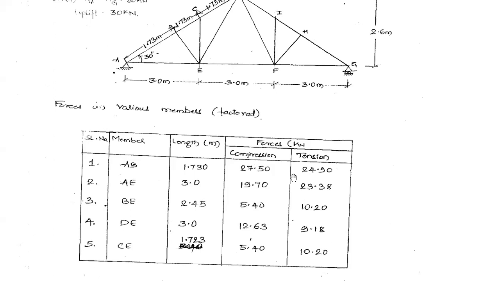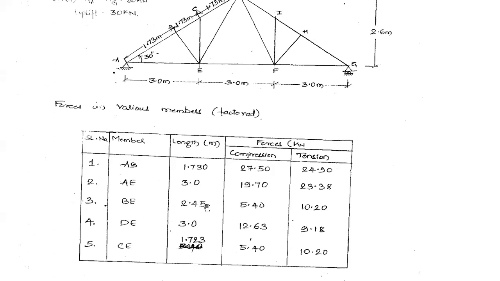Normally we'll design for one of these forces, say compression, and check it for tension, whether the same member is safe under tension. Similarly, here the force of compression is small, 5.4, but the lengths, 2 meter and 3 meter, may cause the member to buckle.